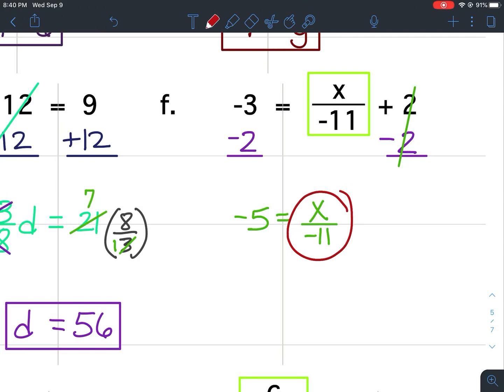This is division, and the inverse would be to use multiplication. So I'm going to multiply both sides by the number with the variable. The number with the variable is negative 11. So I'm going to multiply both sides by negative 11. Now I don't want you to think that this right here is subtraction, so go ahead and put parentheses around the negative 5 as well.